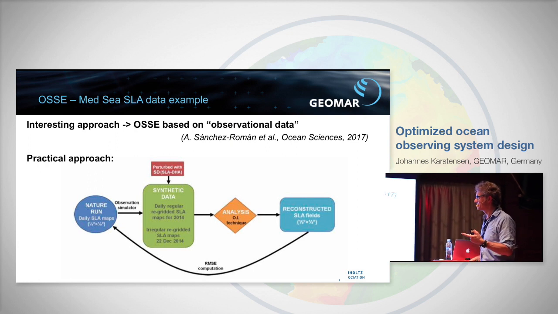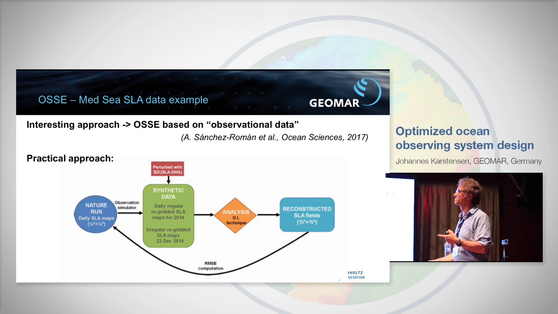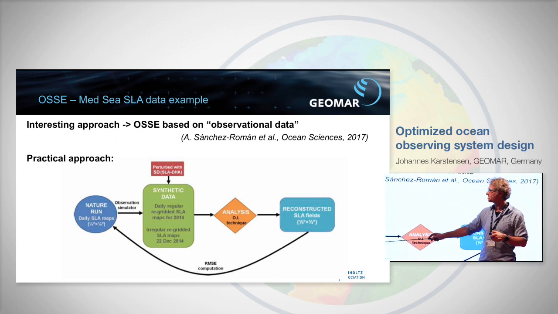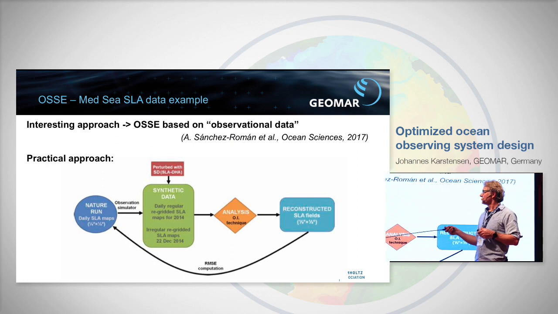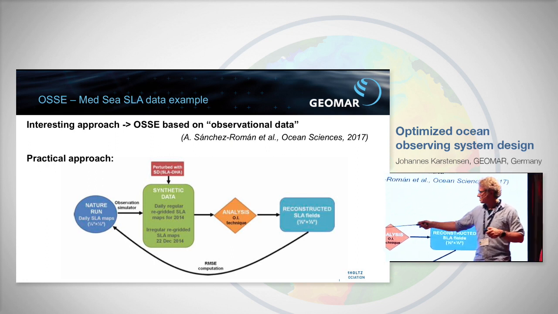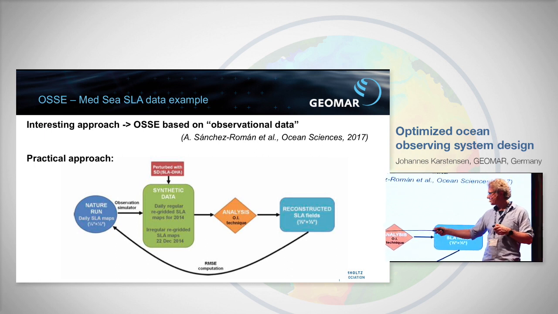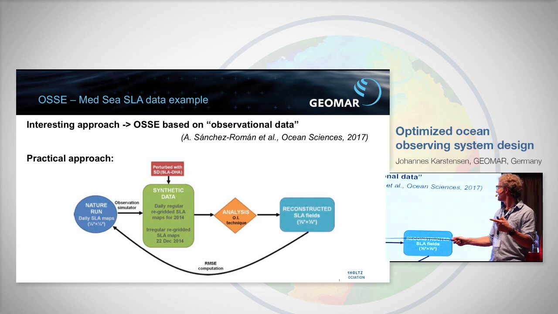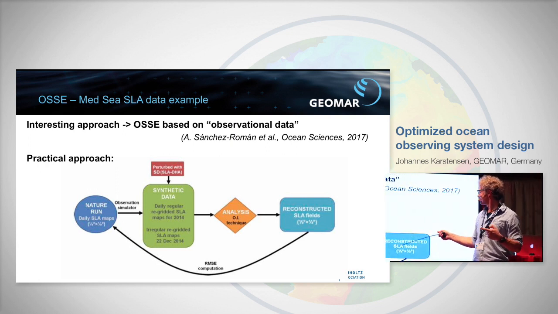What they did here was to use daily sea level anomaly maps measured with a satellite, subsample the maps, and make a mapping of the subsampled maps in order to reconstruct the sea level anomaly on a different scale.